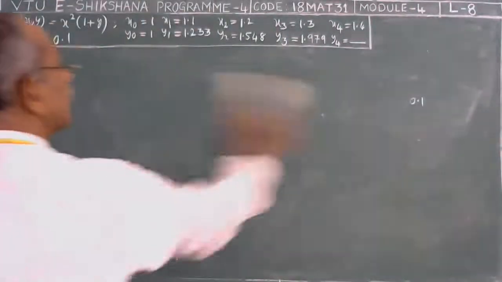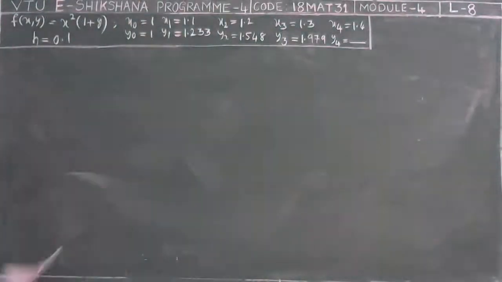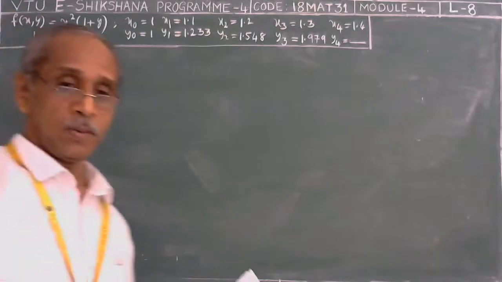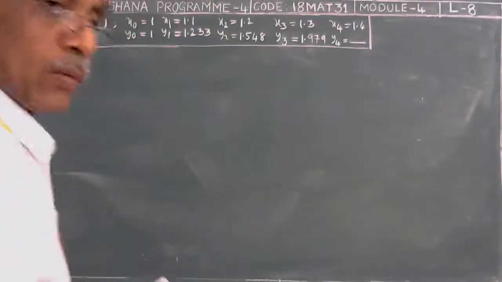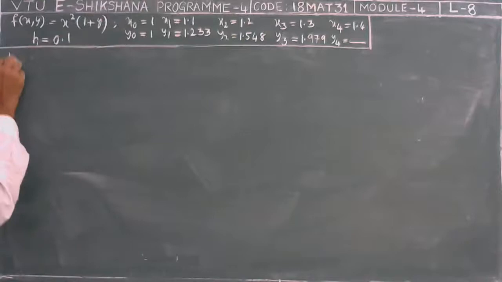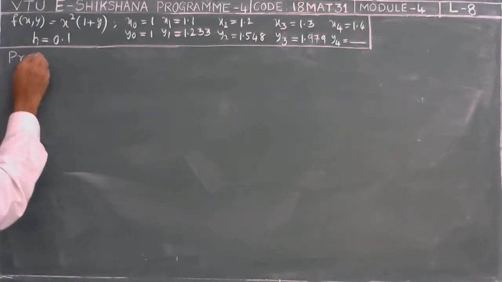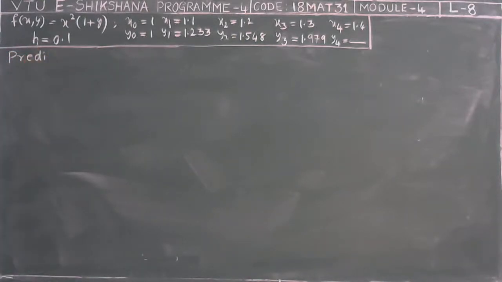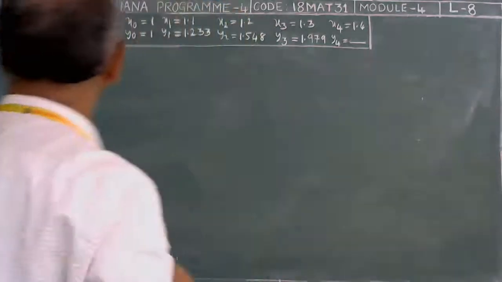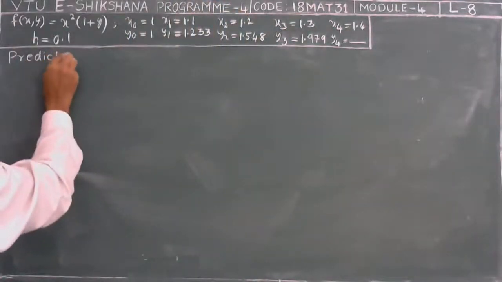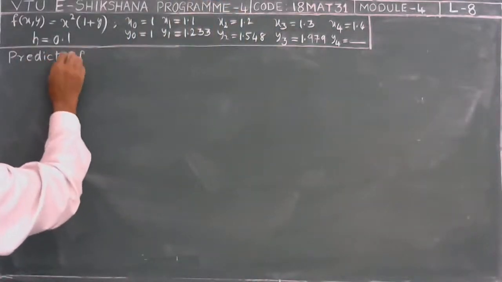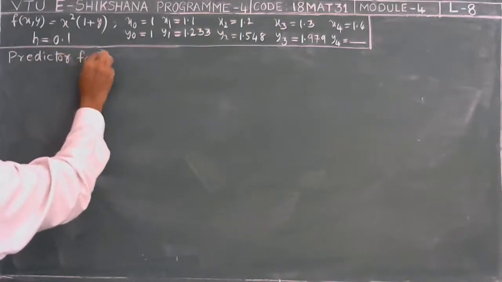Now let me predict the value of y at x is equal to 1.4, using the predictor formula, that means the Adams-Bashforth predictor formula.